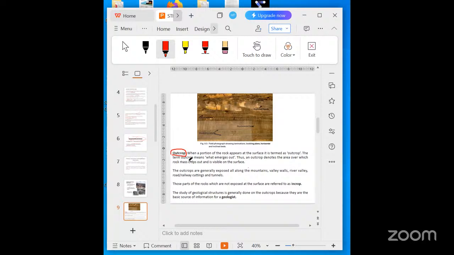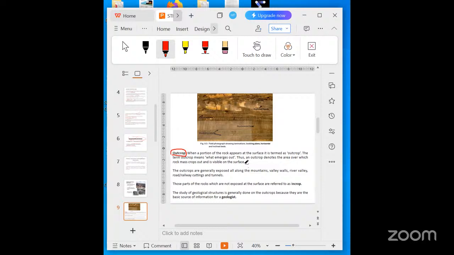The term outcrop means what emerges out. Thus, an outcrop denotes the area over which a rock mass crops out and is visible on the surface. So they are exposures of rocks on the surface of the earth, right?